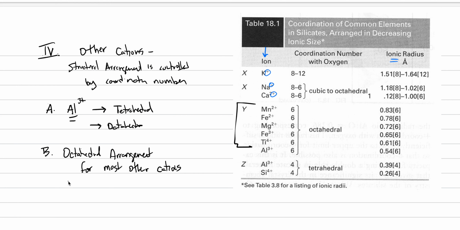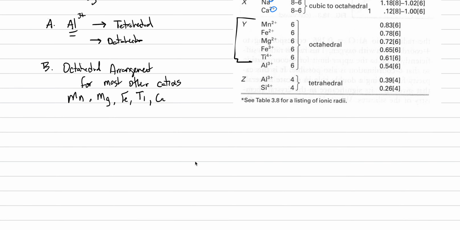Let's write them all down. This is manganese, magnesium, our irons, titanium. These elements, actually even sometimes calcium, will have an octahedral arrangement in our silicate minerals.